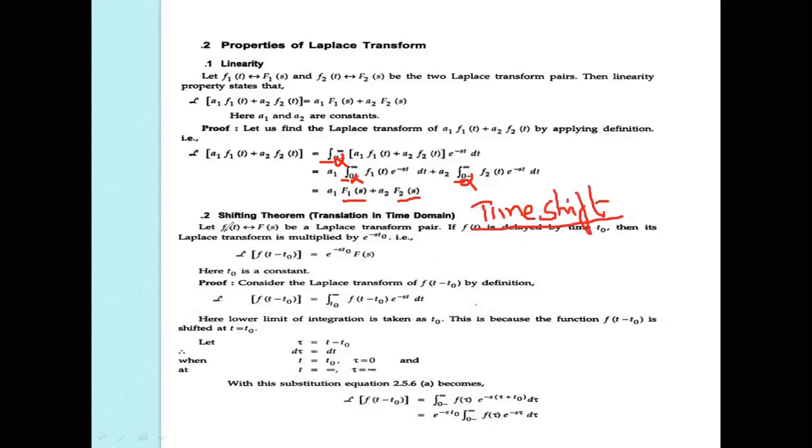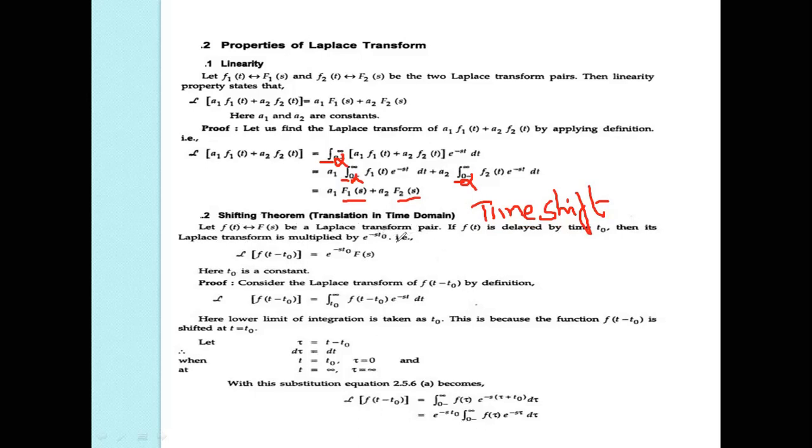So what is the statement here? Let f of t and f of s be a Laplace transformation pair. If f of t is delayed by time t naught, then its Laplace transform is multiplied by e power minus s into t naught.